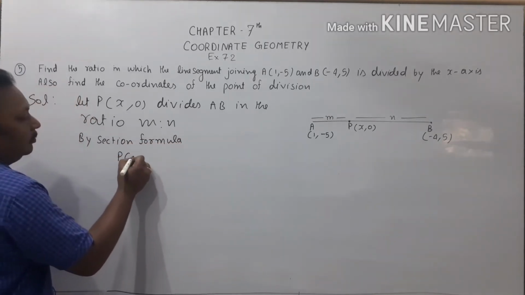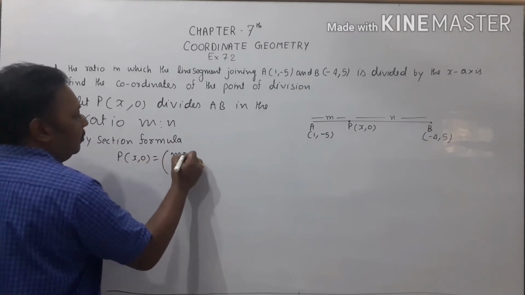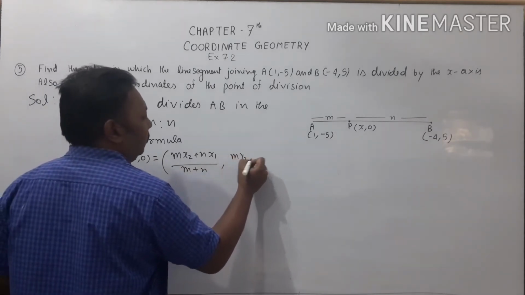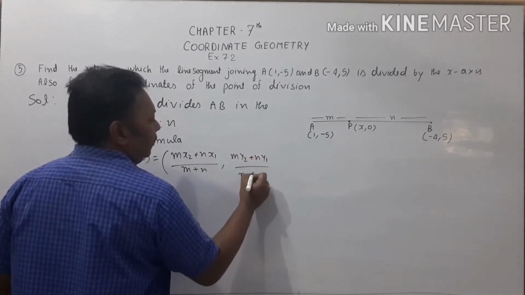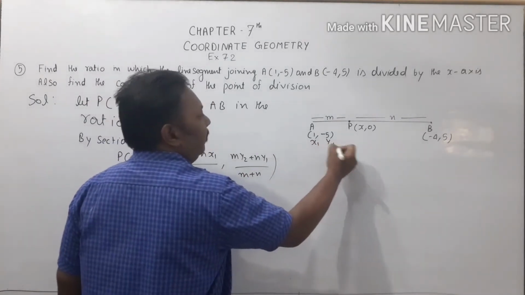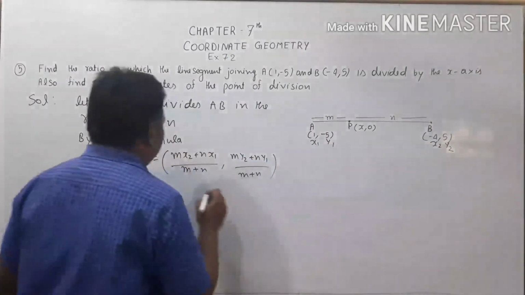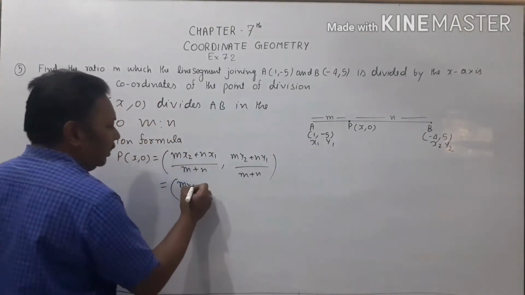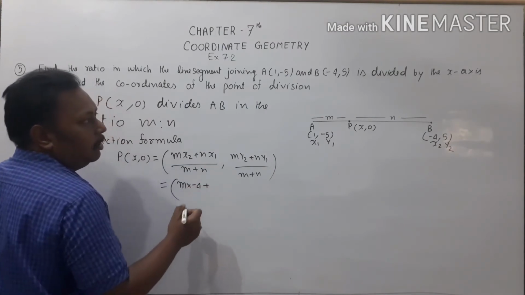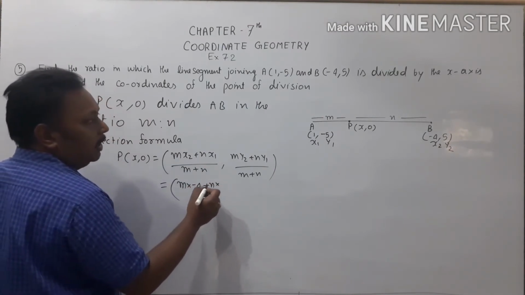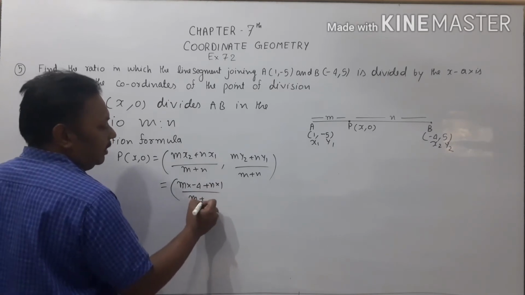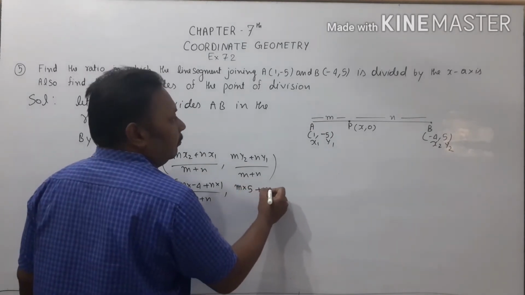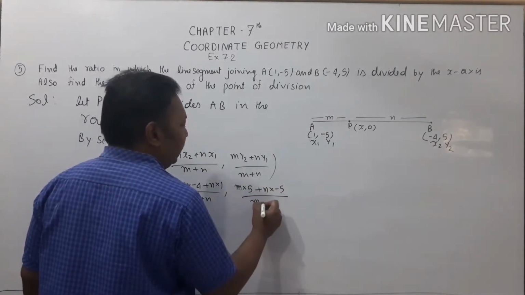we write P(x, 0) equal to (mx2 plus nx1 upon m plus n, my2 plus ny1 upon m plus n). Write down the values of x1, y1 and x2, y2. The value of x2 is -4, the value of x1 is 1, upon m plus n; y2 is 5, y1 is -5, upon m plus n.